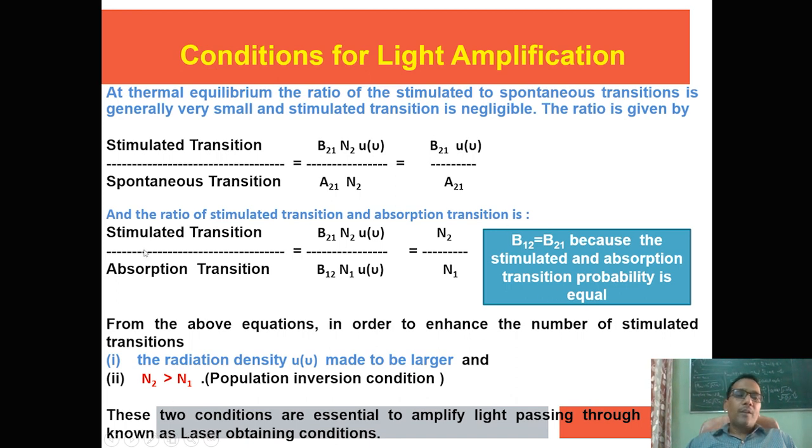In the second condition, stimulated transition is only possible with higher values when N2 is greater than N1, by using this relation. So we have these two conditions. First, u nu must have very large values. Second, N2 must be greater than N1. This is known as the population inversion condition. We will discuss this in the next lecture. These two conditions are essential, and if either fails, then one cannot get laser.